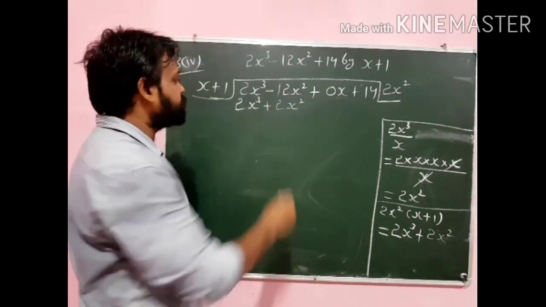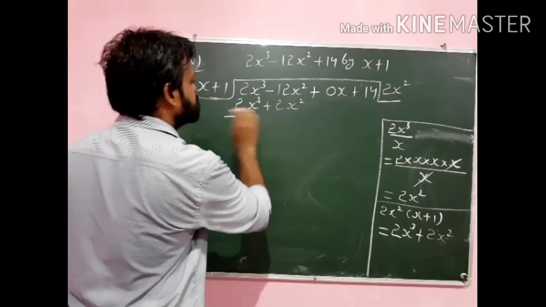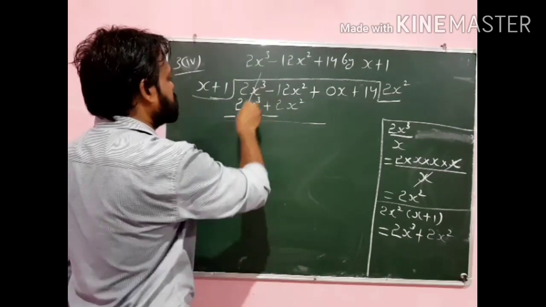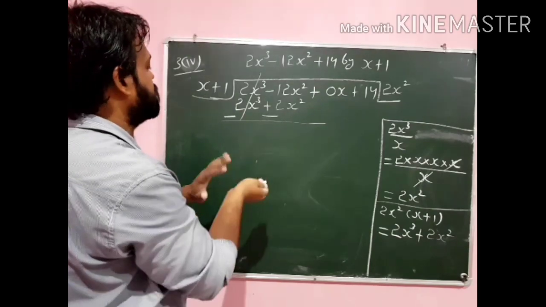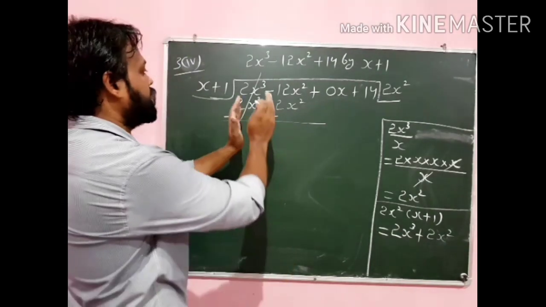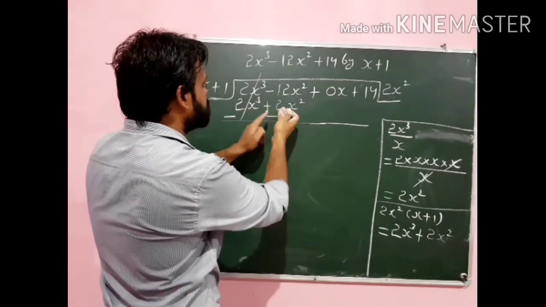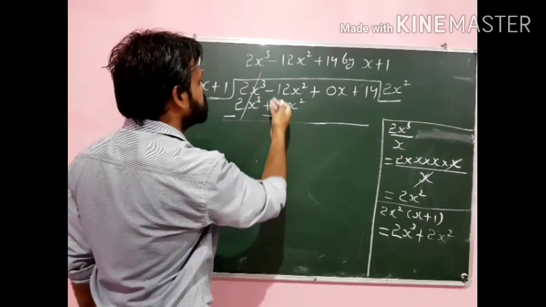So now the next step we have to change the signs. It is a positive sign, so it will become minus. This is also a positive sign, so it will become minus. Now cancel the same terms, because this is a plus sign and this is a minus sign, both terms having opposite signs, so these will be cancelled out with each other. And now you can see here, this is minus 12x square and this is minus 2x square. Both terms are of negative sign, so we know that minus minus is plus.